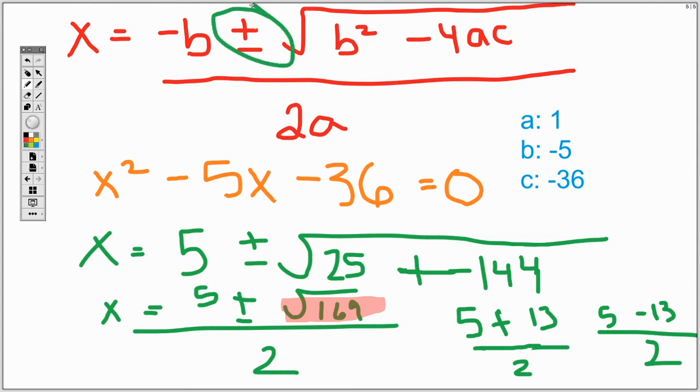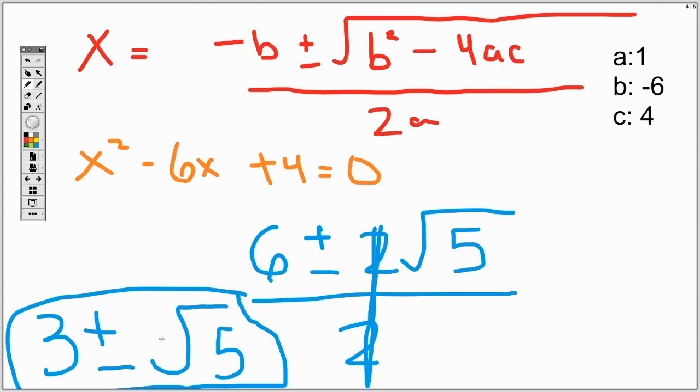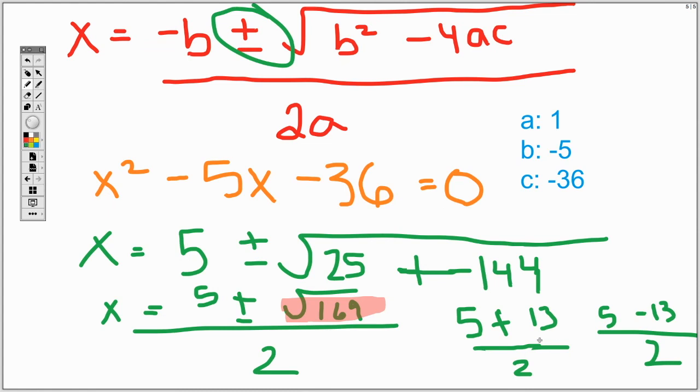That's what this means. In the other problem, we just left it as a square root because we didn't want to do anything messy. But here, we can do that since it's a perfect square.